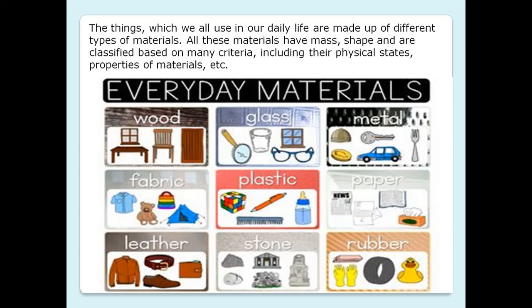For example, wood, glass, metal, fabric, plastic, paper, leather, stone, rubber, etc. The things which we all use in our daily life are made up of different types of materials. All these materials have different mass, shape and are classified based on many criteria including their physical states, properties of material, etc.